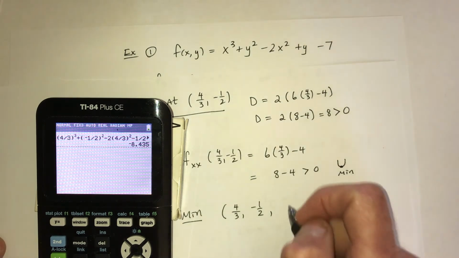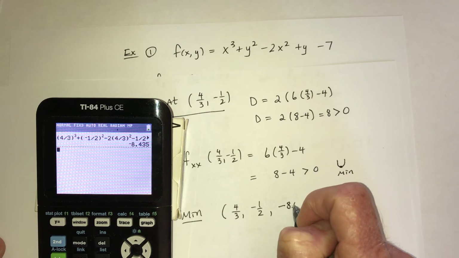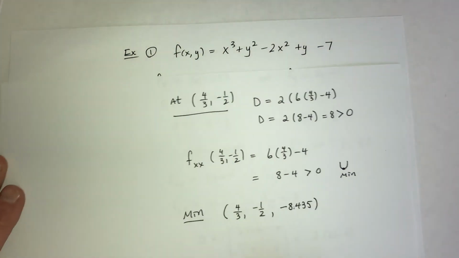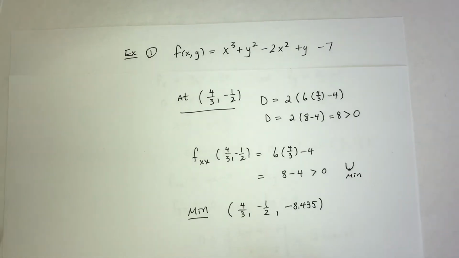And then that equals negative 8.435. Okay, so now we're done with the first example. Let's go take a look at the graph and see if these two seem correct.